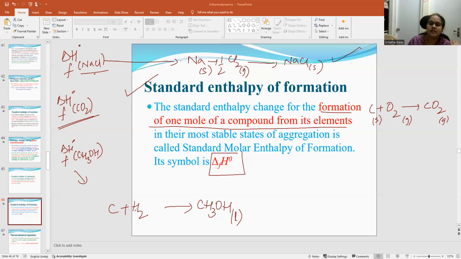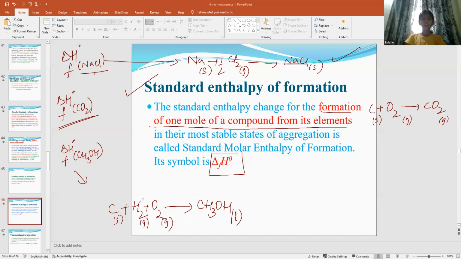So what is it? C plus H2 plus O2, right? Now, balance this equation according to 1 mole of CH3OH. Carbon is a solid, hydrogen is a gas, oxygen is a gas. Carbon plus 2H2 plus half O2. Exactly. Is that clear now? Isn't it perfectly going with 1 mole of CH3OH?